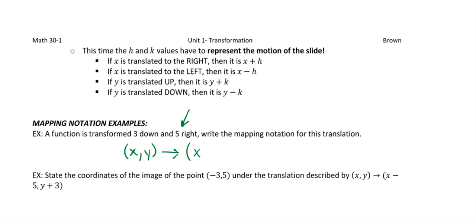I'm looking at the 5 there, and it's going to be 5 to the right, so that's going to be x plus 5. So whatever x was, it's going to be 5 to the right. Okay, and then comma, and then we'll put the y value. Every point is going to be 3 down, so it'll be y minus 3.